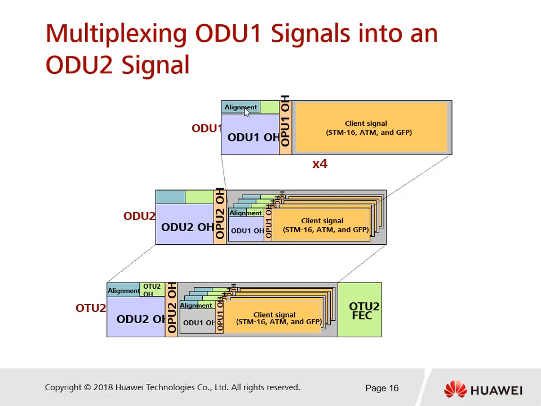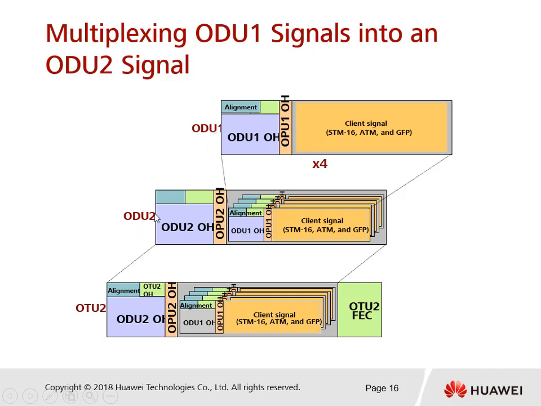Okay, so we need to multiplex 4 ODU1 into 1 ODU2. Not like the SDH, for the OTN multiplexing, the frame size is fixed. That means the frame size for the ODU1 is the same as the ODU2, no difference.